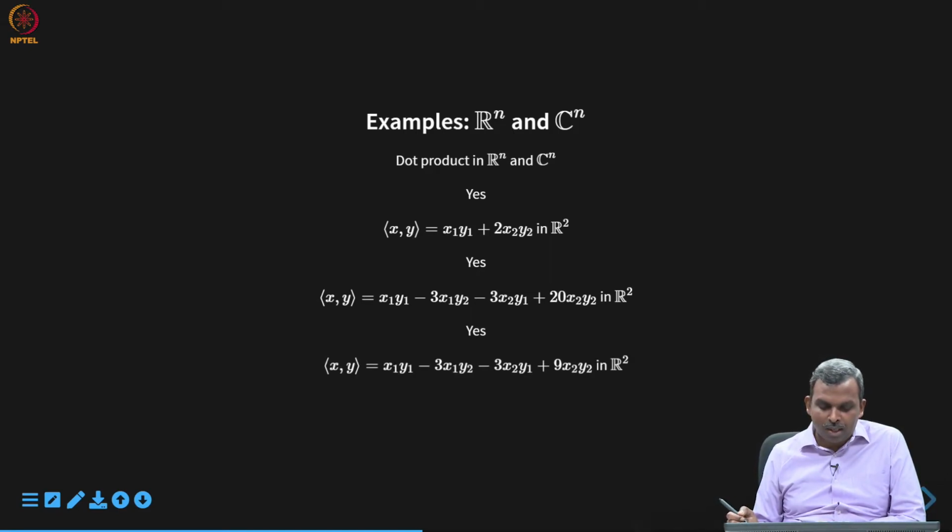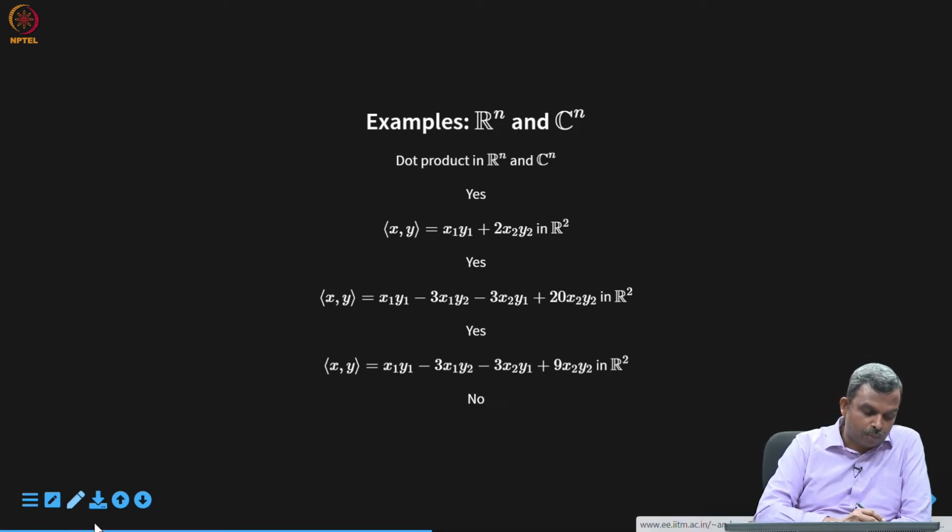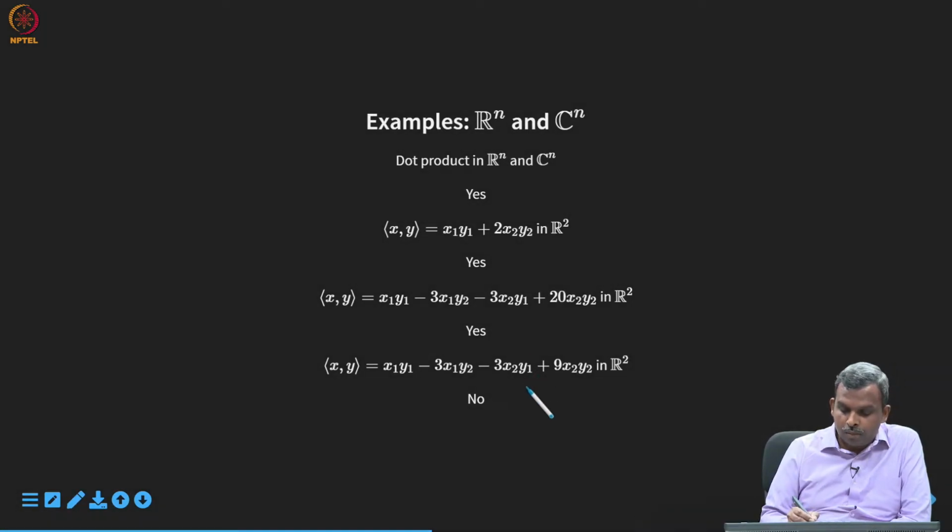What about this one? This looks dangerously close to the previous one, except that instead of 20 there, I put 9. You might think this looks quite close, but it turns out interestingly this is not a valid inner product. I will leave this as an exercise.